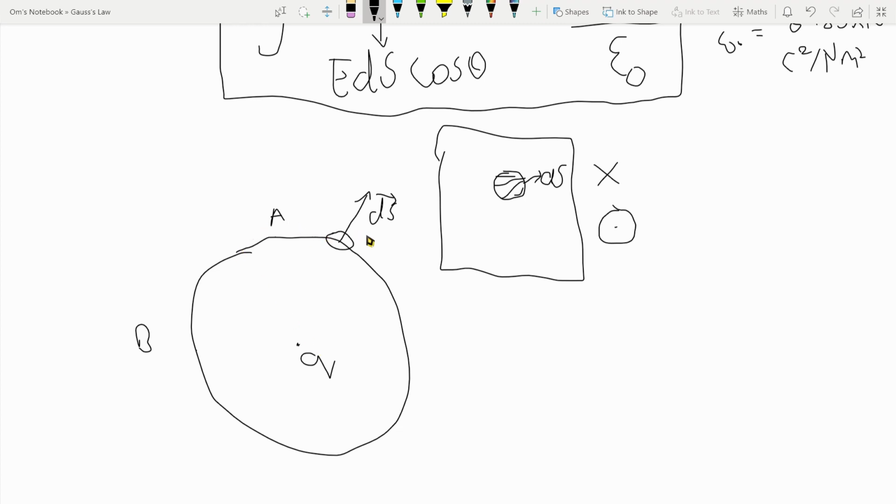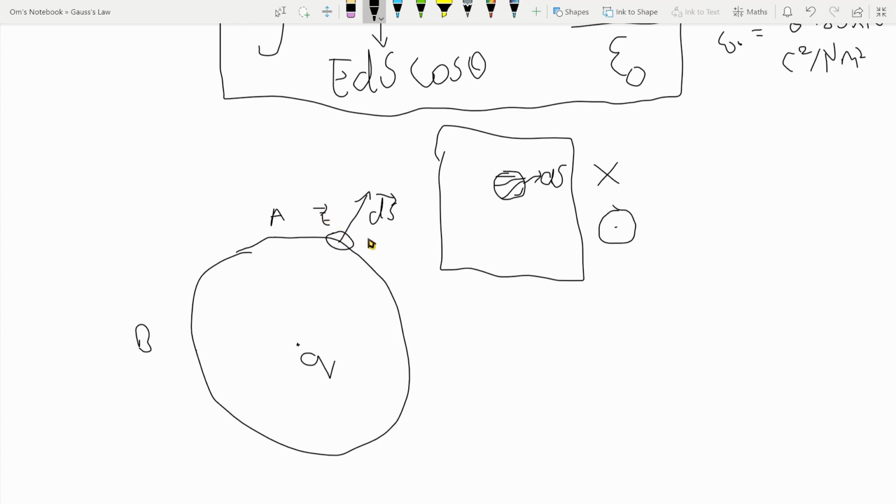Similarly, the electric field at all of these points on the sphere has to be equal. So let me say that the electric field at this sphere has a magnitude E, and thus by the symmetry argument, the electric field must have the same magnitude at all of these elements.